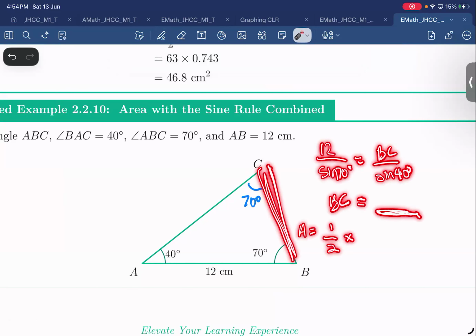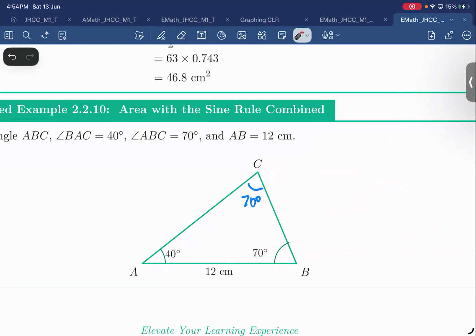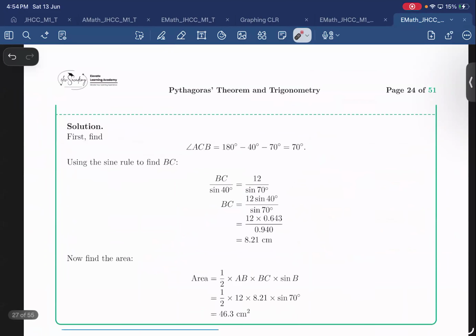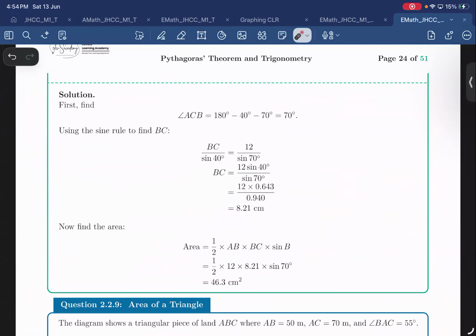So area equals half times BC times AB times sine 70 degrees, because 70 is here, and AB and BC are the two lengths that surround it. So that's exactly what was done here.